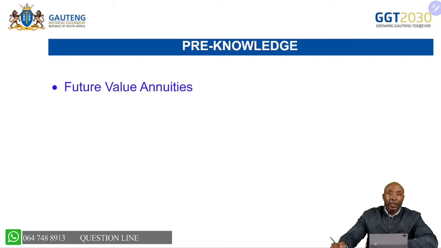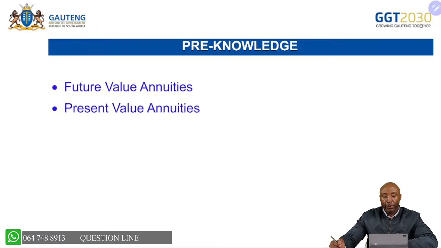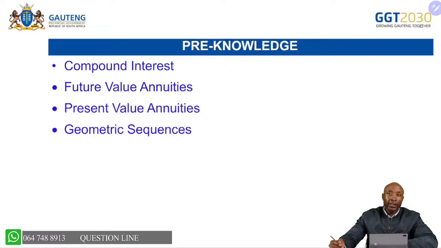For our pre-knowledge, we have looked at the future value annuity, we have looked at present value annuity, we have looked at compound interest, we have looked at the derivation of the formula for future value as well as present value that was done in the previous lesson, using our knowledge of geometric sequences and series.